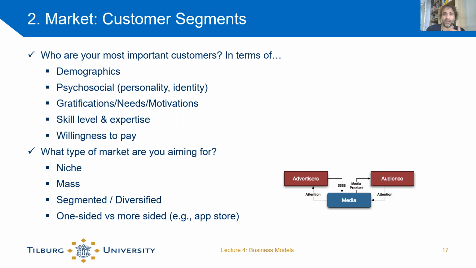So for example, one thing that is not in here, which is also very relevant: are our customers people or other organizations? So are we a business to consumer or business to business organization? Which is of course one of the first things you determine. And also related, what type of market are you aiming for?